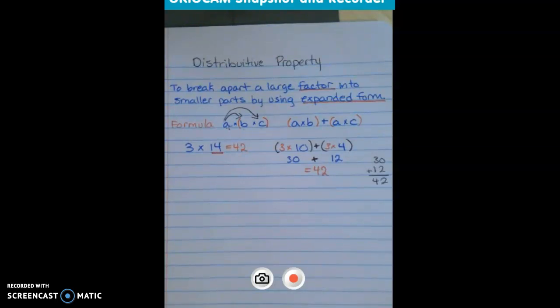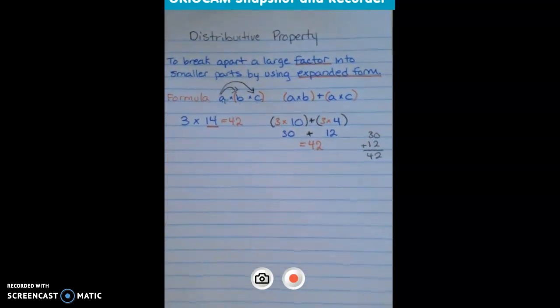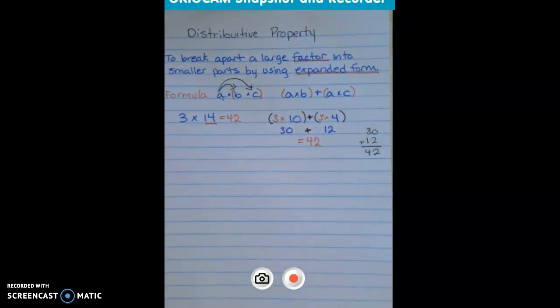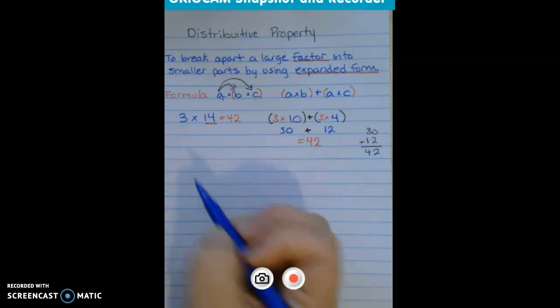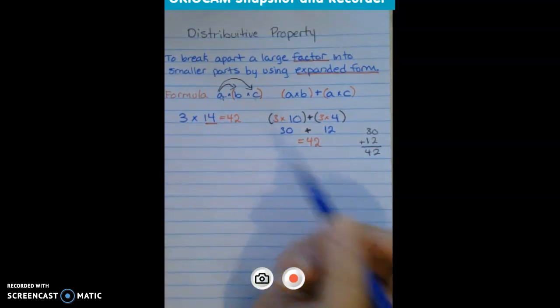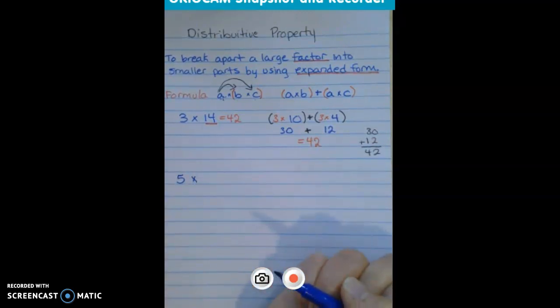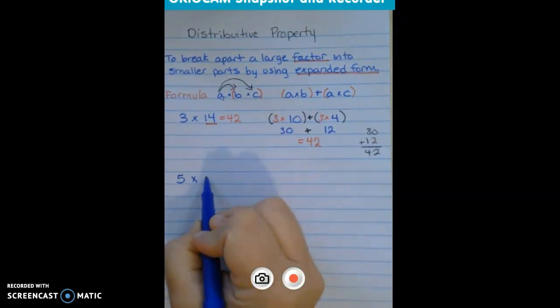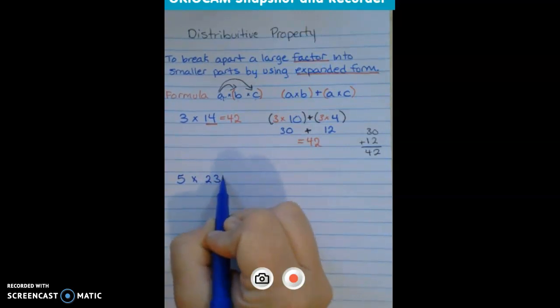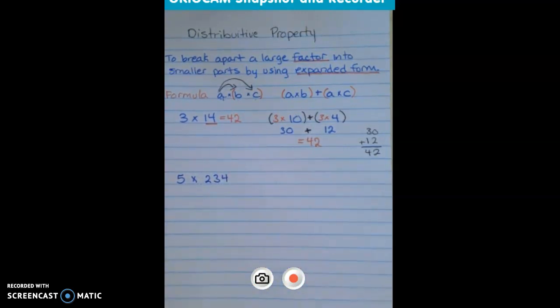Okay. Let's try another one that's a little bit bigger. So this time, let's say that I want to multiply 5 times a 3-digit number, 234. Okay, that's what I want to multiply.